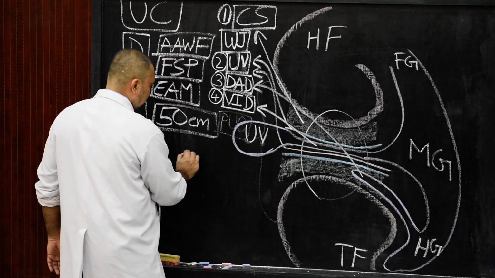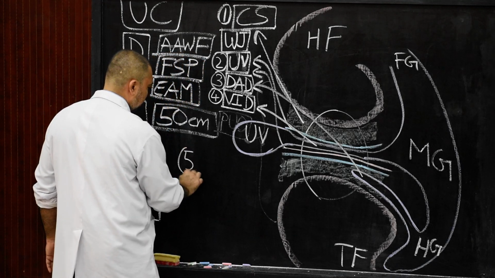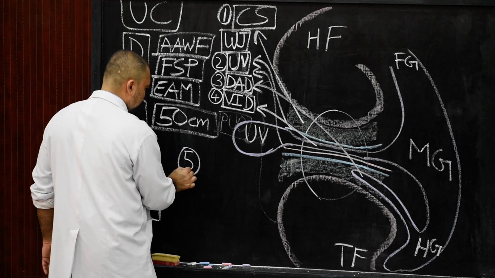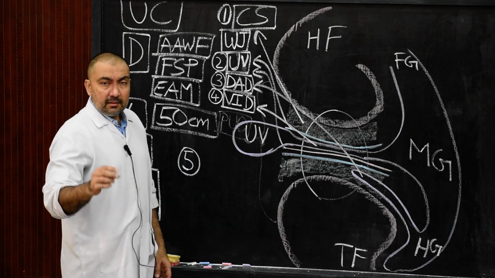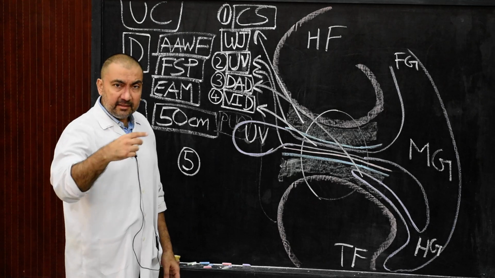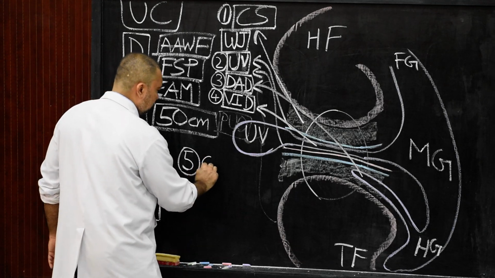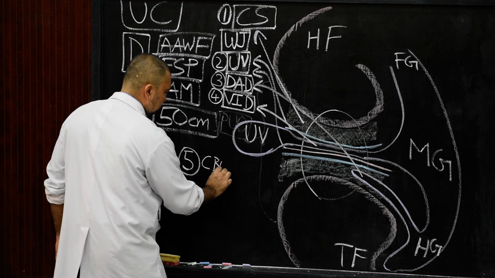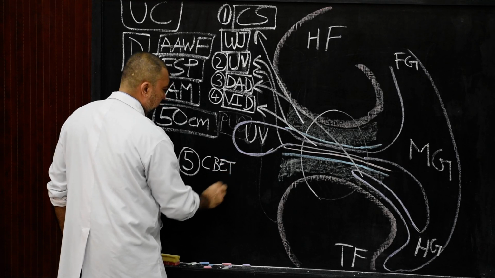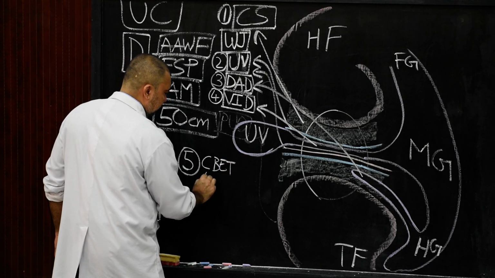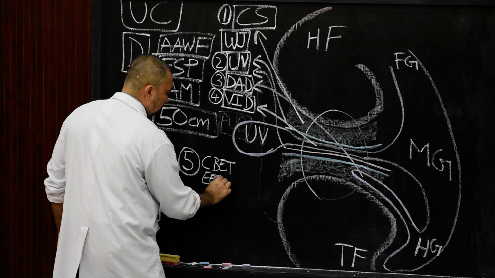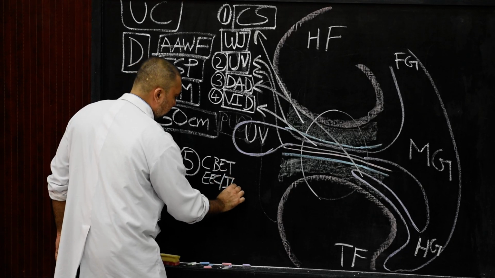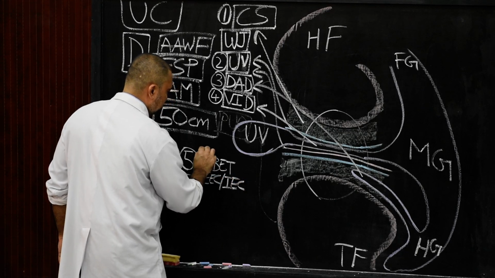And now comes the last content. The last content I am going to write down over here, content number 5. This you write down as communication between extra-embryonic coelom and intra-embryonic coelom.